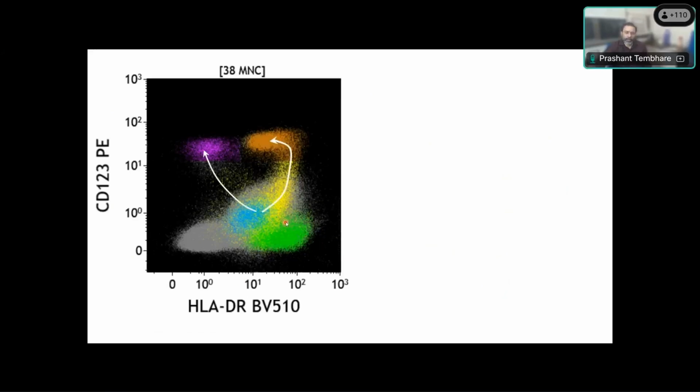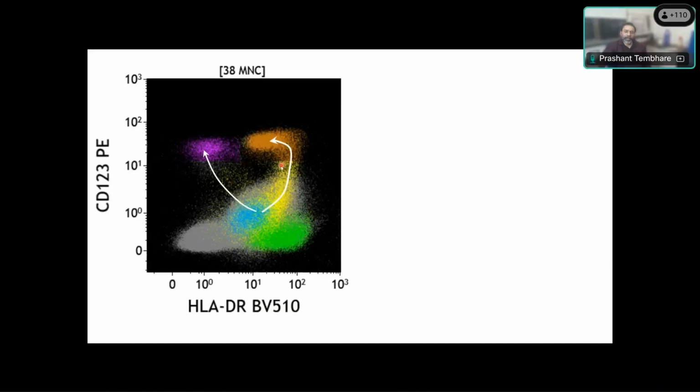From the myeloid stem cell, by using the combination of CD123 and HLA-DR, we can identify two types of cells. The cells which are CD123 strong but HLA-DR negative are basophils. The cells which are CD123 strong and HLA-DR also strong are plasmacytoid dendritic cells.